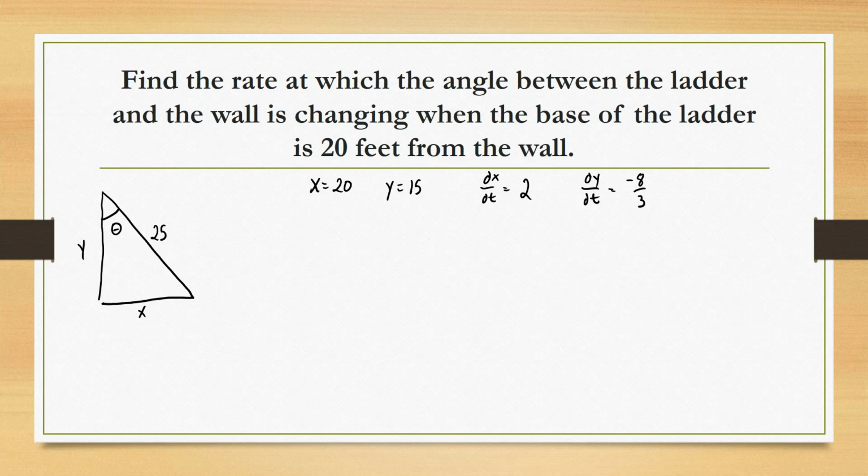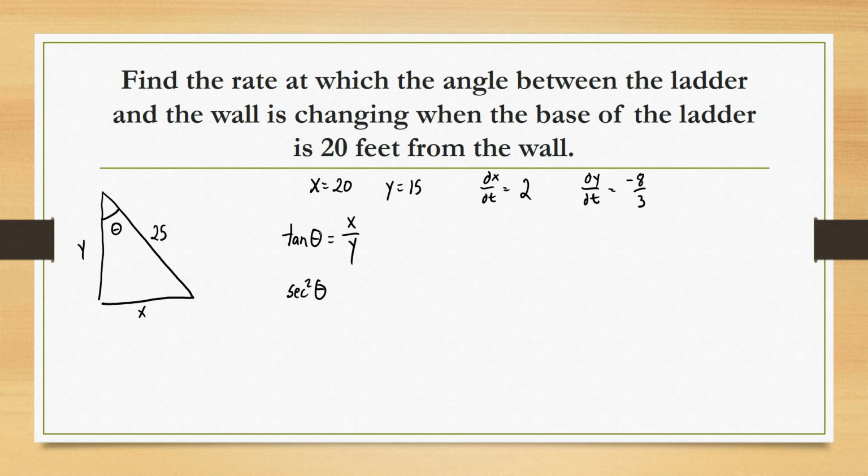But the thing is, we need to know about theta. Is there some relationship between theta, x, and y? Well, since x and y represent opposite and adjacent, I know that tan theta equals opposite over adjacent. So I can differentiate this. The derivative of tangent theta is secant squared theta.